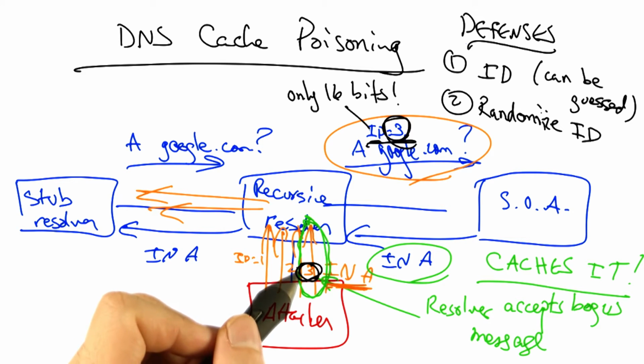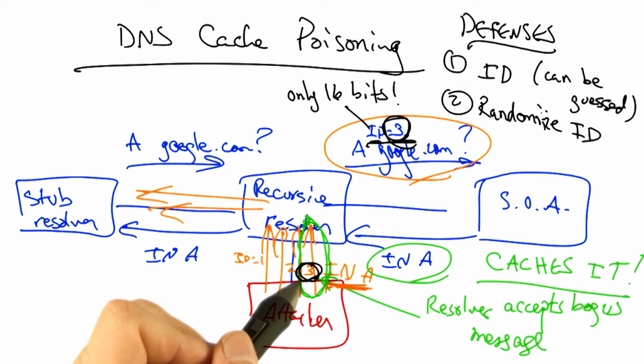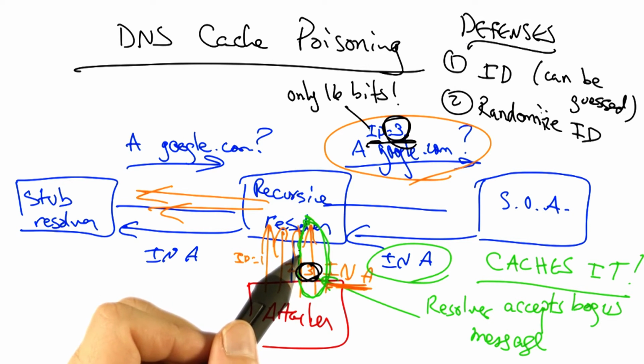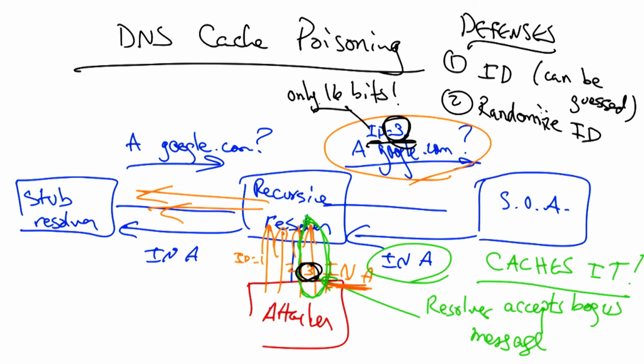Due to the birthday paradox, the probability that such an attack will succeed using only a few hundreds of replies is relatively close to 1. The attacker does not need to send replies with all 2 to the 16th possible IDs.